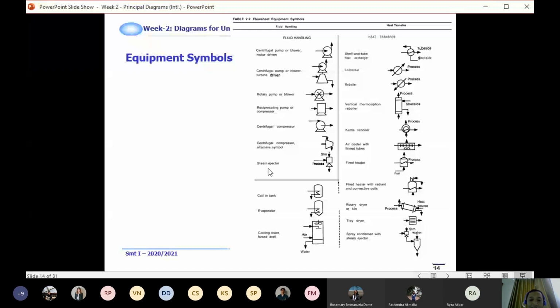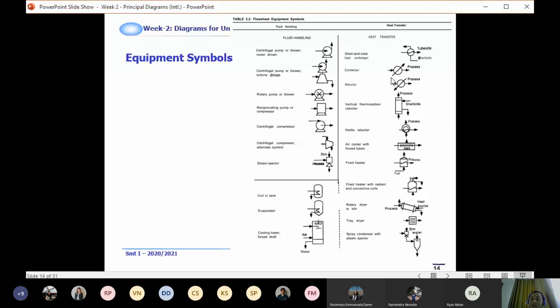And then the other one you can see is the symbol for the shell and tube, and this is the symbol for the condenser. Remember that for the condenser, the arrow goes up.